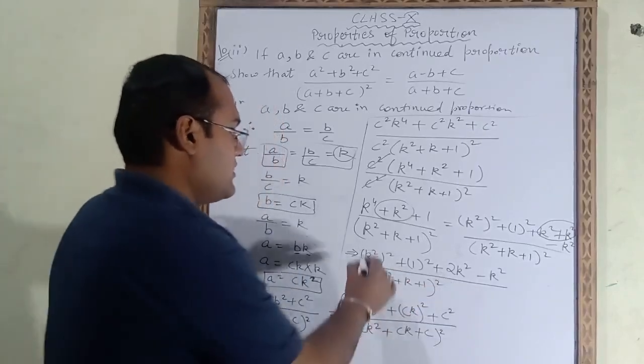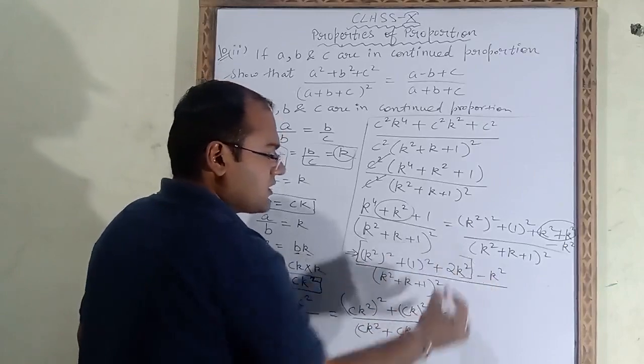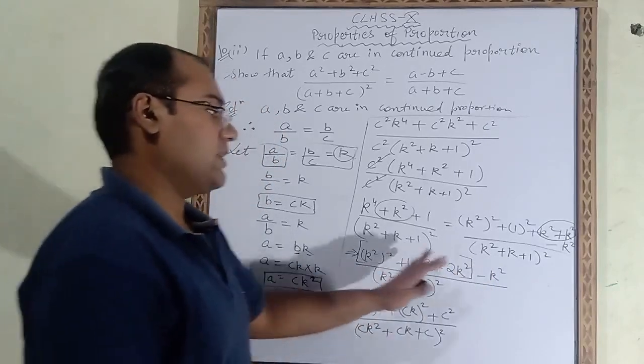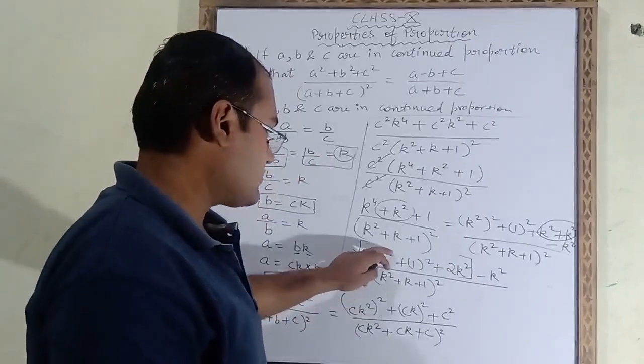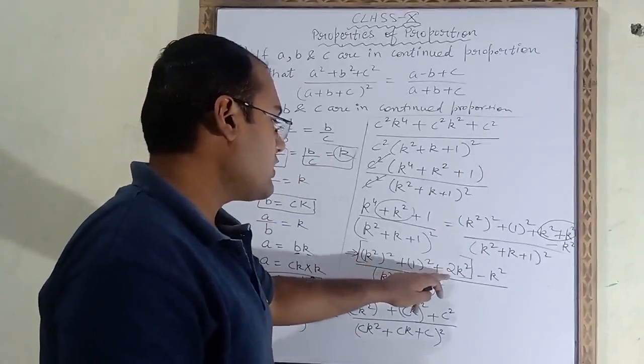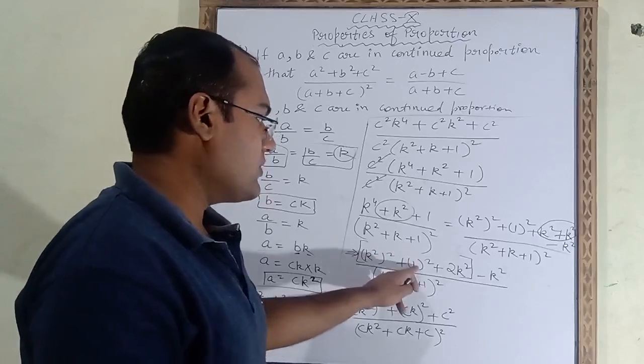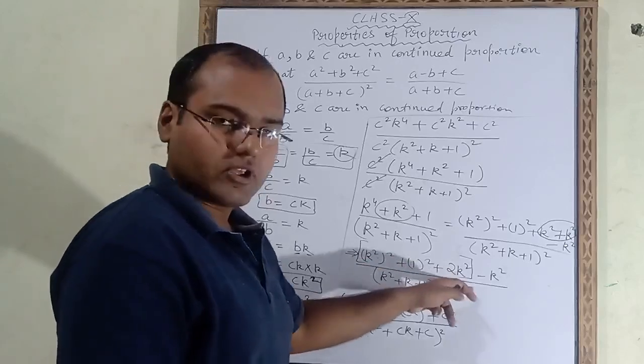Now these three terms we will take together in a single bracket because these three are making one identity. These three terms are making one formula. Formula is a square plus b square plus 2 into a into b. 2 into a into b will be 2k square.